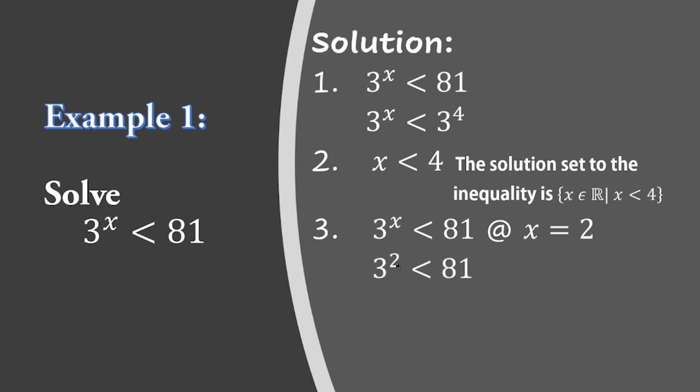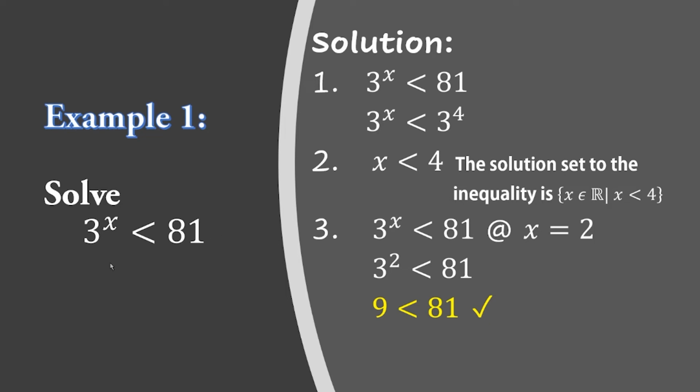So 3 squared is less than 81. 3 times 3 is 9, which is less than 81. Meaning this statement is correct, so this solution set is also correct.